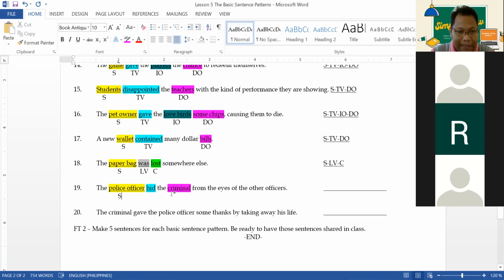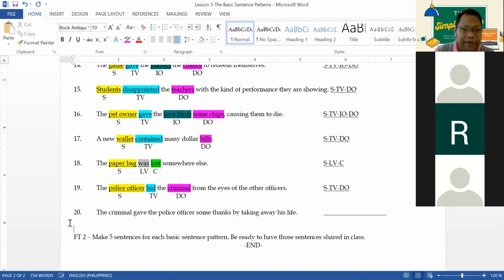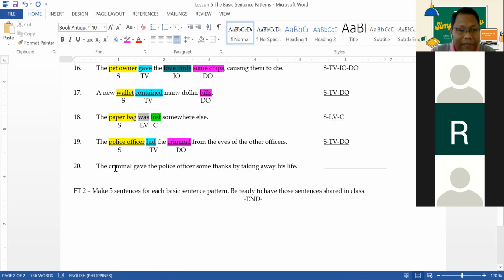If there's a direct object, that means you have a transitive verb. Sentence pattern STVDO.